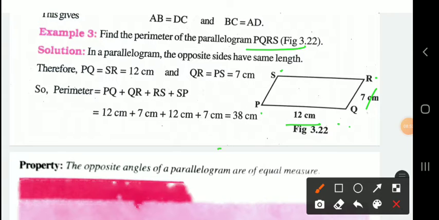Perimeter means sum of all sides. But PQRS is a parallelogram and we just learned that opposite sides of a parallelogram are of the same length. So PQ is equal to SR. If PQ is 12 centimeter, then SR is also 12 centimeter. Also QR and SP are the same.